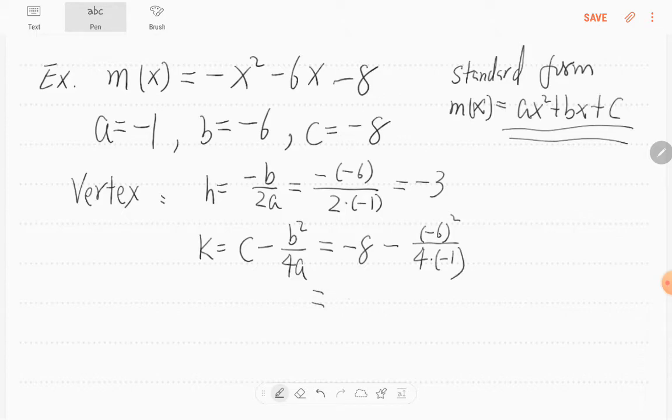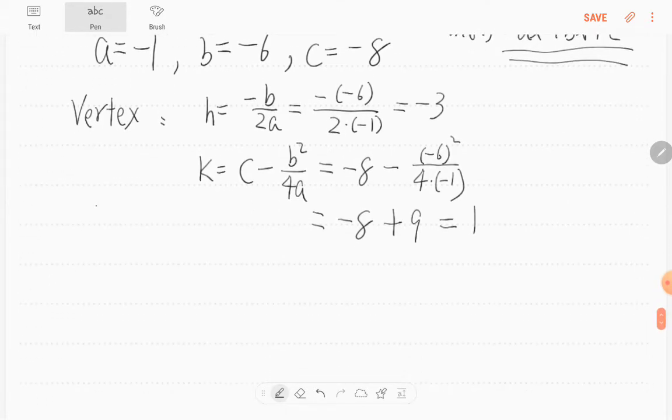So this is negative 8 plus 9, right? So it's equal to 1. So in other words, the vertex is (negative 3, 1).